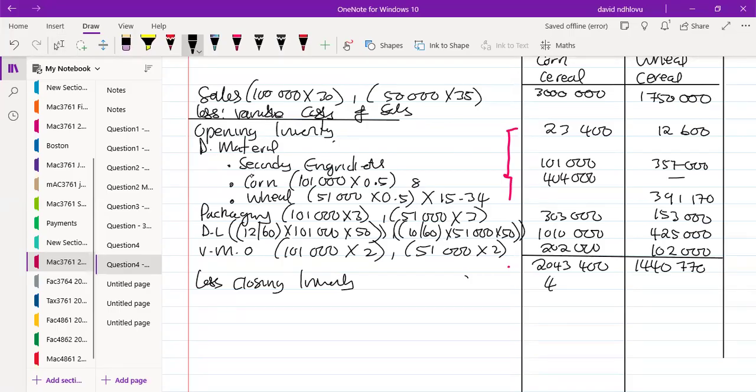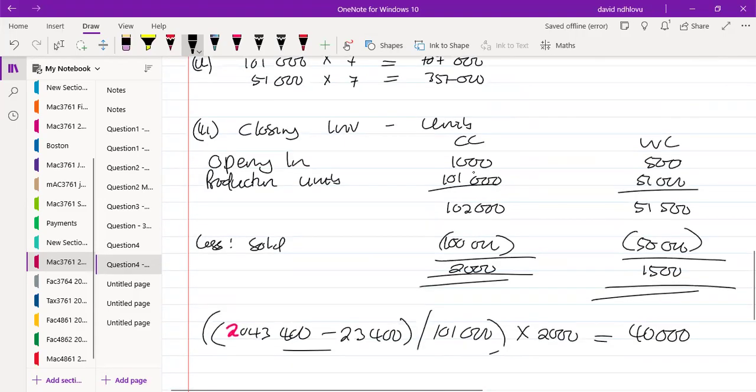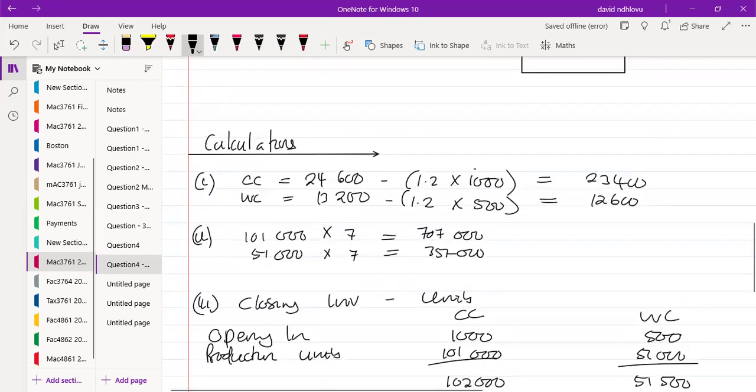So therefore 40,000 is what we deduct here from the 2043,400, then I am going to have, right, a figure of 2003,400. Right, are we clear on the calculation of that opening inventory?